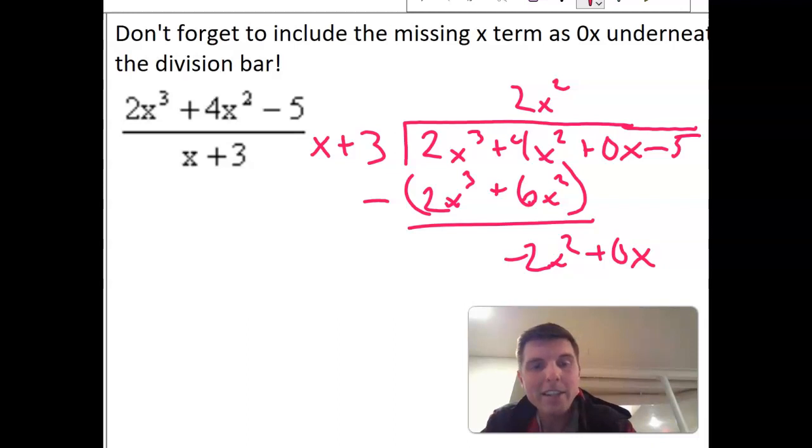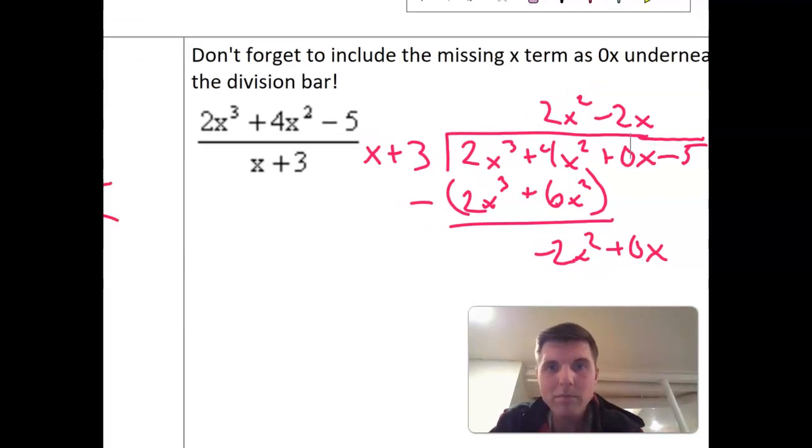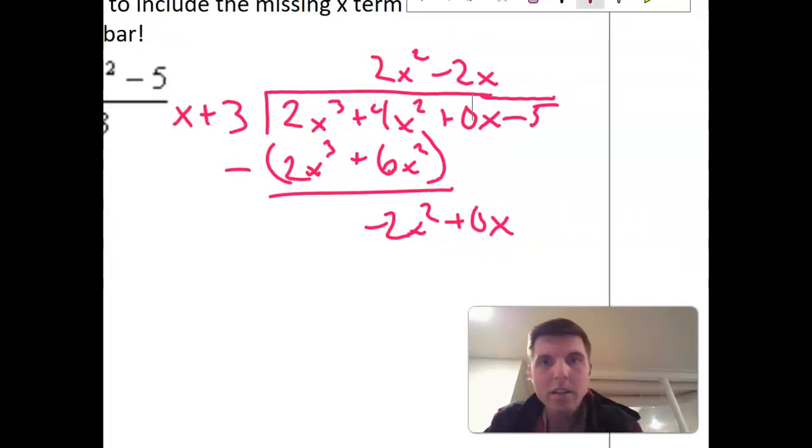And then x times negative 2x gives us negative 2x squared, and that's why we needed to include it, so that we could save its place above the fraction. Now multiply that out, we get negative 2x squared minus 6x.